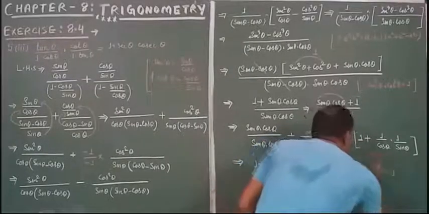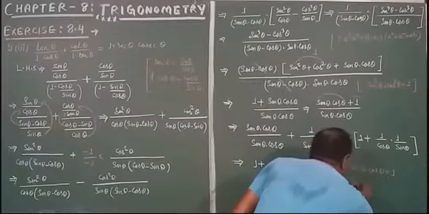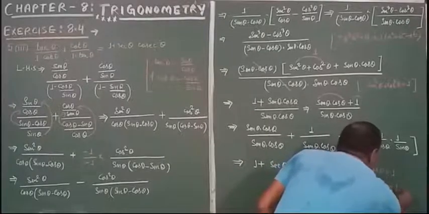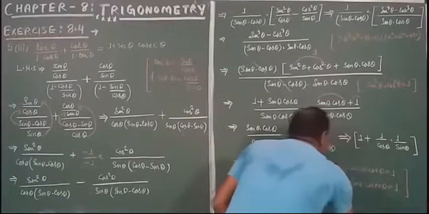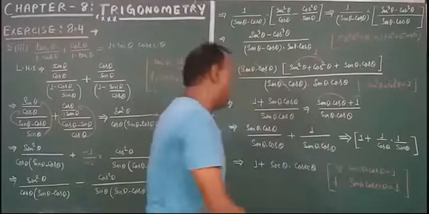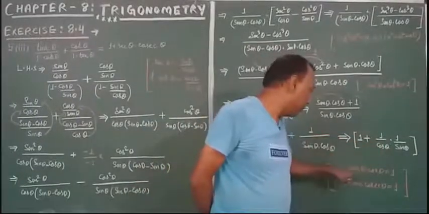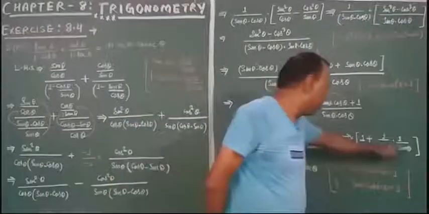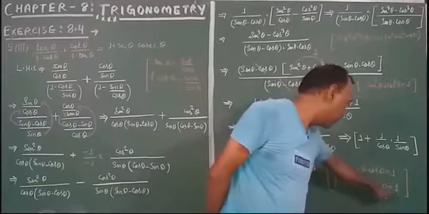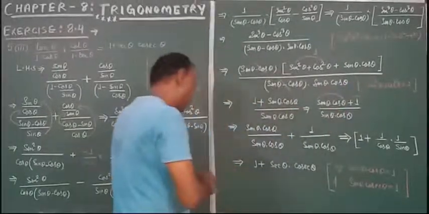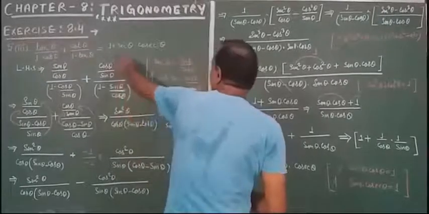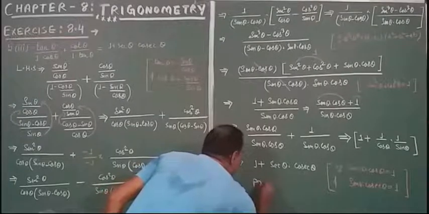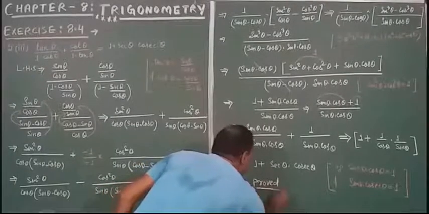And sin theta into cosec theta is equal to 1. These two identities I have used here. That is, 1 upon cos theta will become sec theta, and 1 upon sin theta will become cosec theta. So in this way, we got the right hand side. So this is proved. Is it okay?